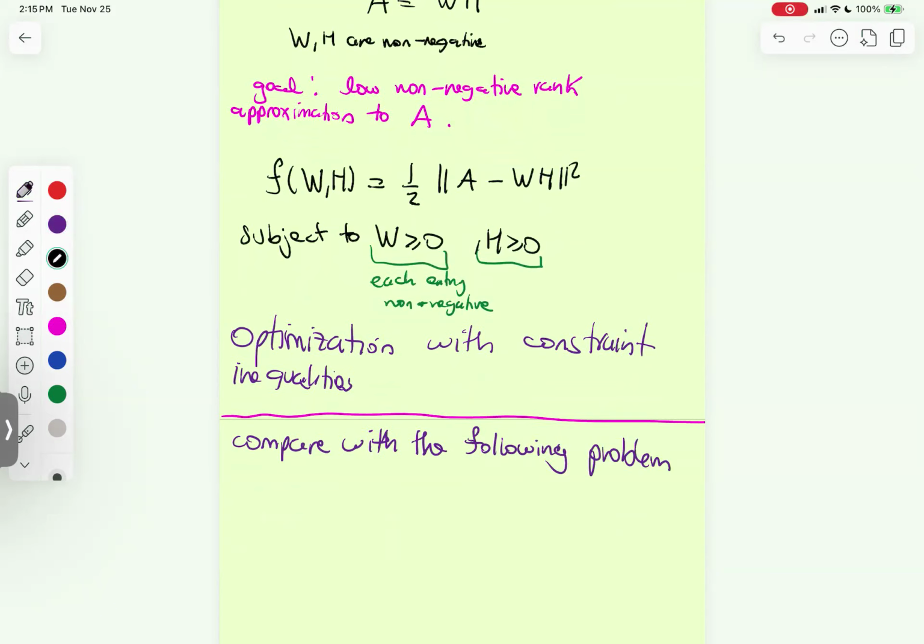So you're trying to find the minimum of a function of n variables, where let's say that you have a vector x of variables.